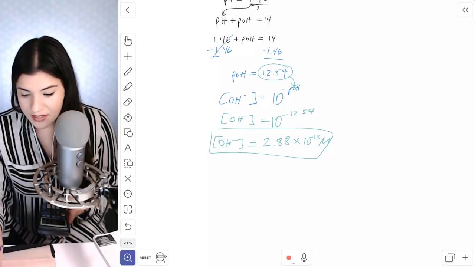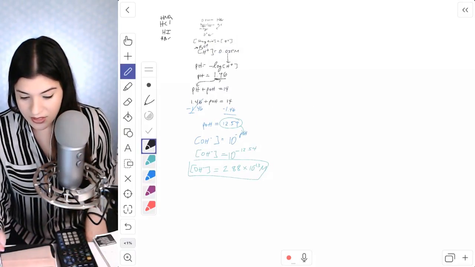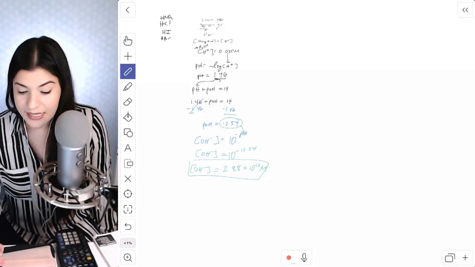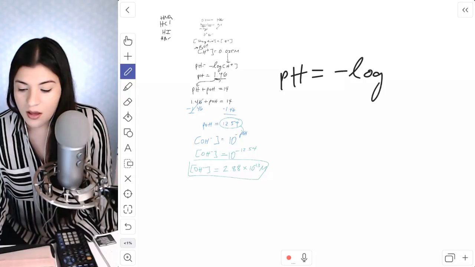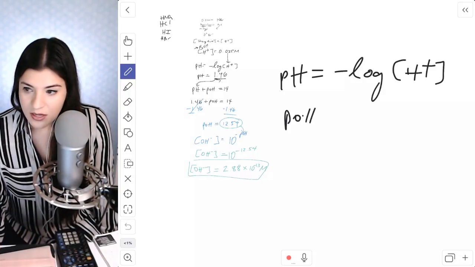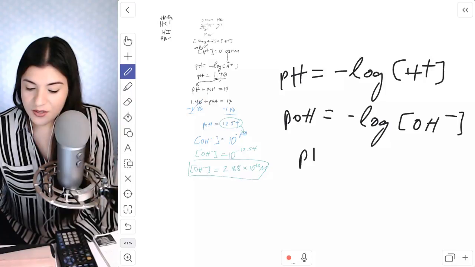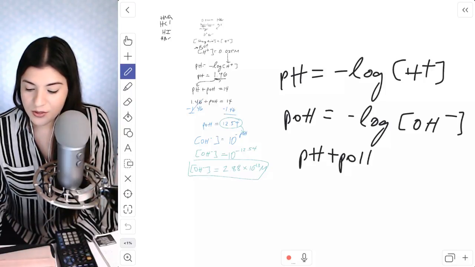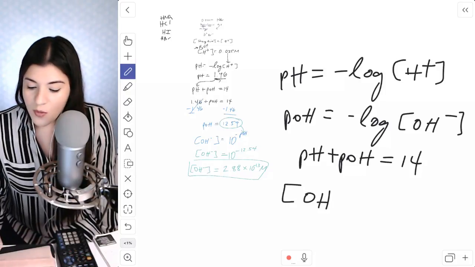And something to note, these are some of the formulas that you would see: pH is equal to negative log of our H plus, pOH is equal to negative log of OH minus, pH plus pOH is equal to 14. These are just formulas that are going to be helpful to you.